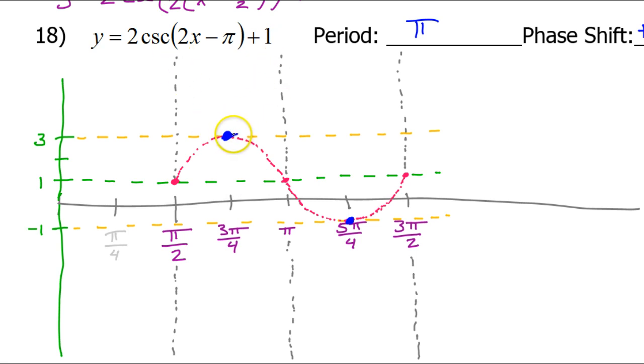So I'm going to reach toward the asymptotes on the left and the right, like this. And I'll do the same thing down here, just reaching towards these asymptotes as I go away from the midline. And that is it. So these blue curves represent the graph of my cosecant function.